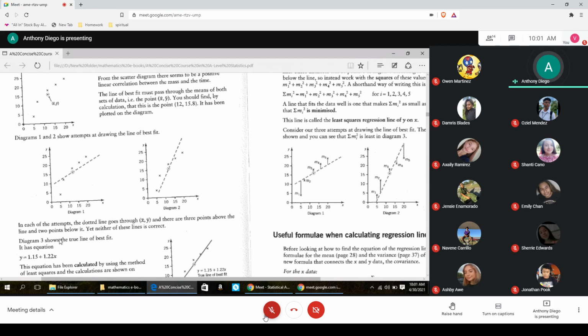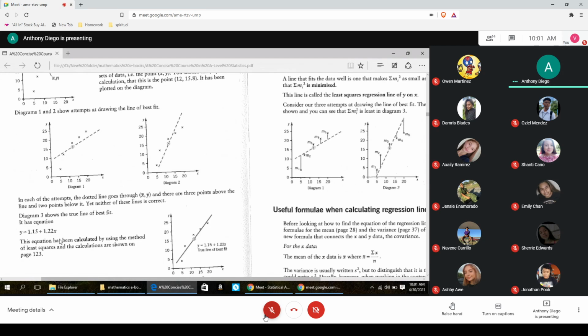Now diagram 3, which is this diagram, shows the true line of best fit. It has the equation y equals 1.15, which should have been the y-intercept, plus the gradient, 1.22x.